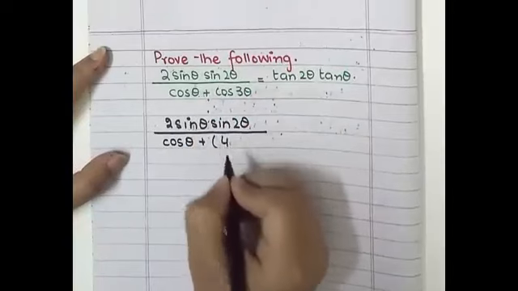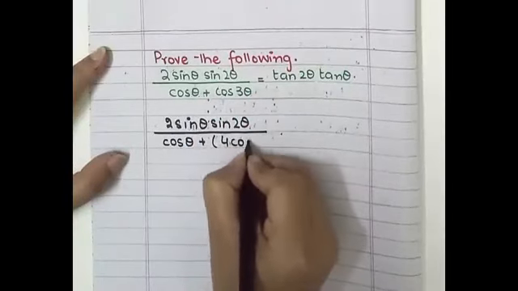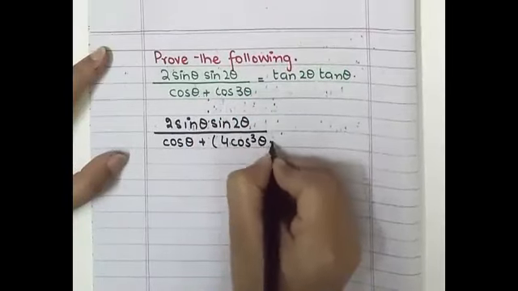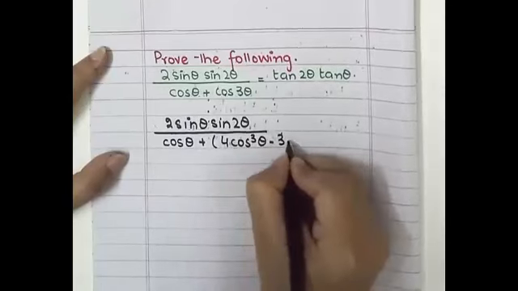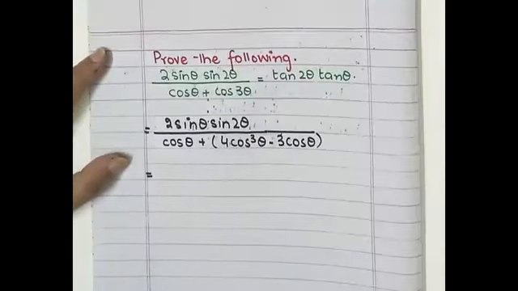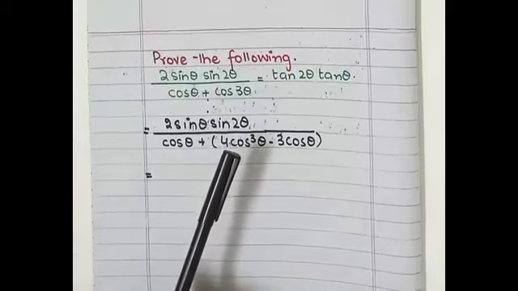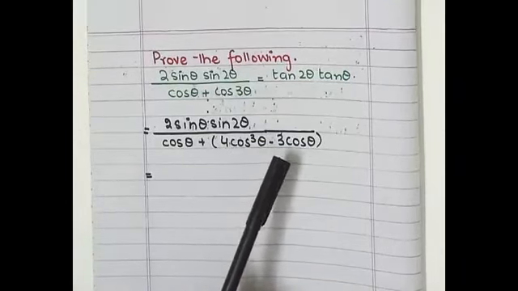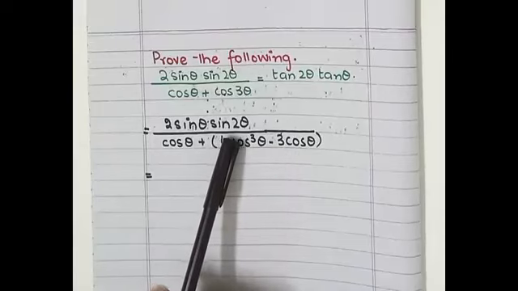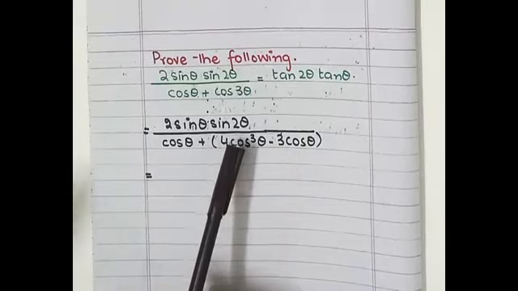Putting the formula, this is equal to 4 cos cube theta minus 3 cos theta. Since we are dealing with the triple angle identities, we will put the formula wherever a triple angle comes. We will not put the value of sin 2 theta unnecessarily.